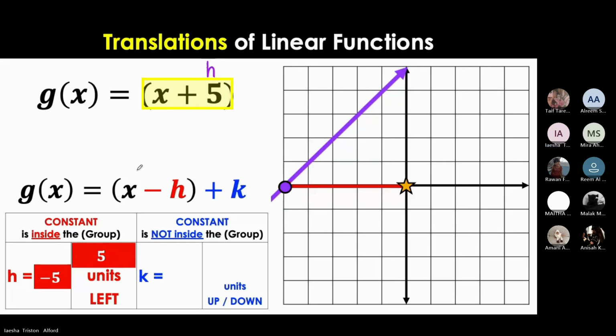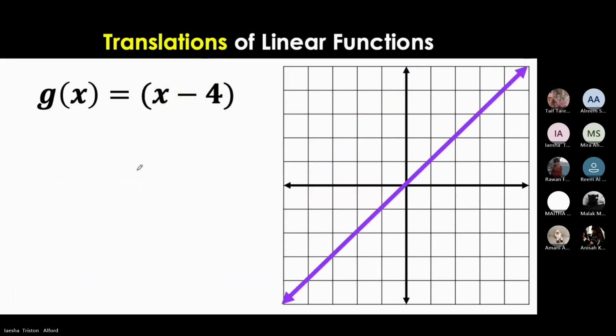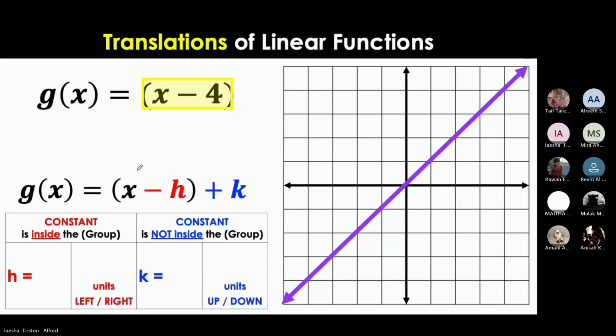Only this. Try again. See this part? The number, is it h or k? It is h because it is inside the group. What do you see with your eyes?